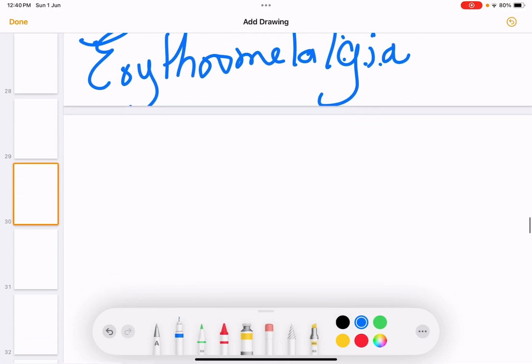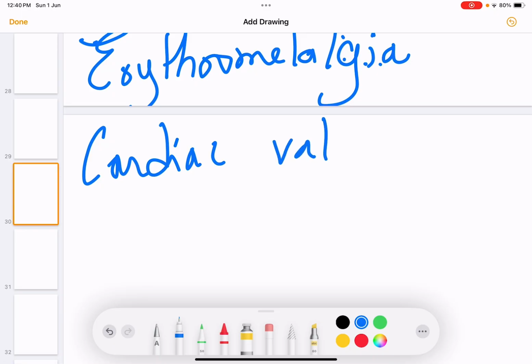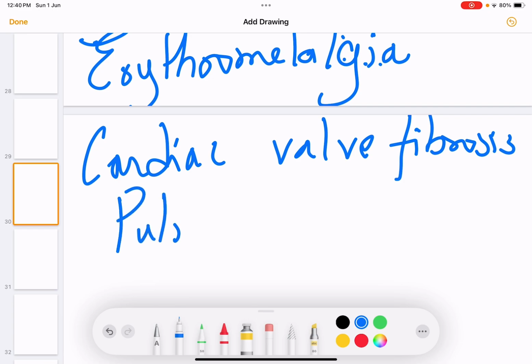Because of these side effects, ergots are not used anymore, and pergolide actually got banned due to cardiac valvular fibrosis.